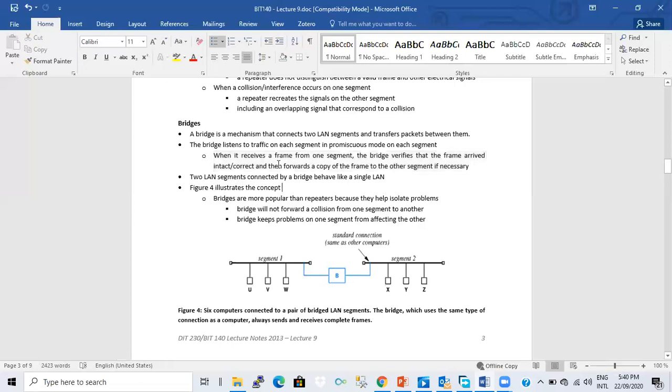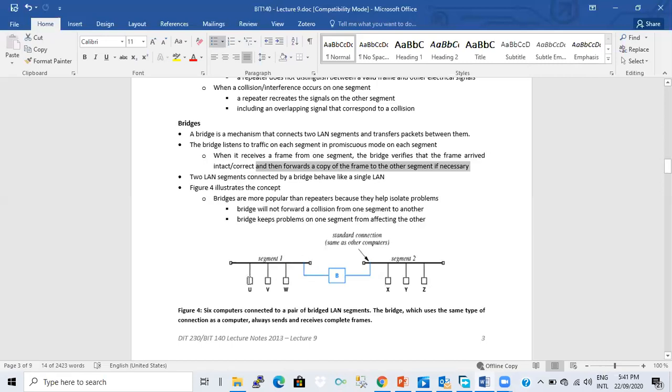Apart from that, it says it then forwards a copy of the frame to the other segment if necessary. If it's not necessary, the bridge will drop the packet. Why does it have to drop a packet? Imagine computer U here is trying to send something to computer W, which is on the same segment as this computer.